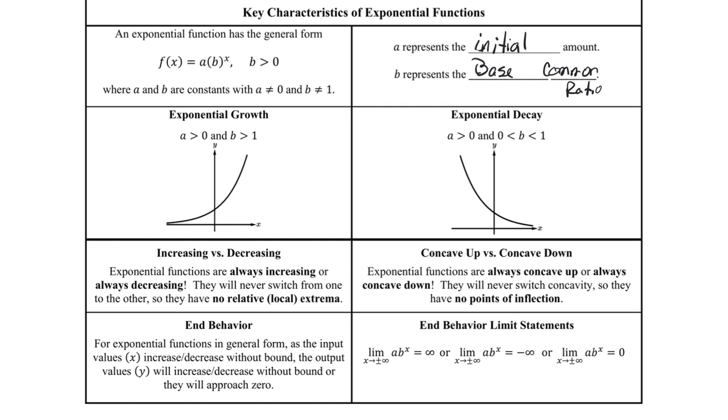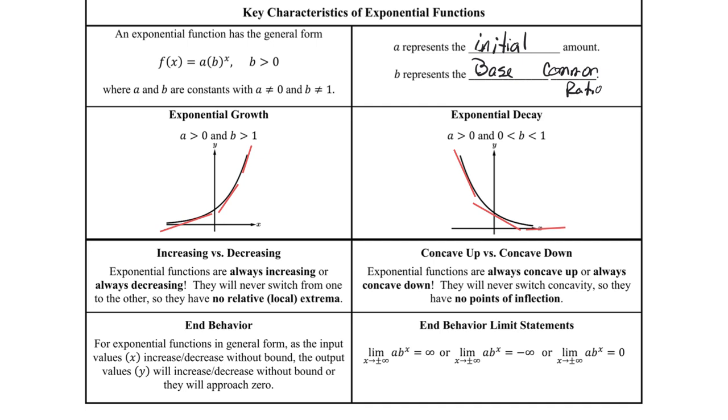So when we are always increasing or always decreasing, remember we also have this thing called concavity. So when are we concave up? We are concave up when our rates of change are increasing. If you look at those red lines that I drew on there, those are the rates of change, the slopes at those points.